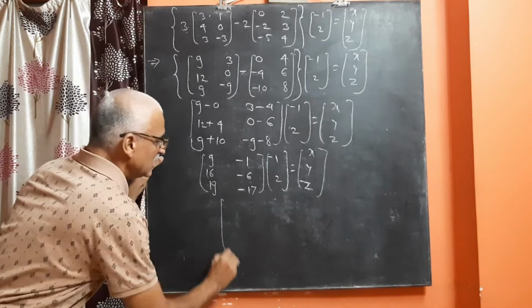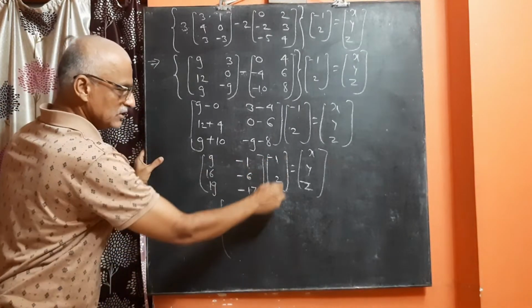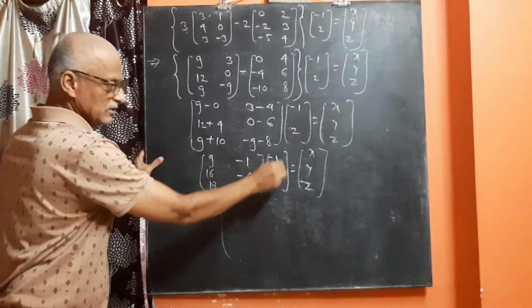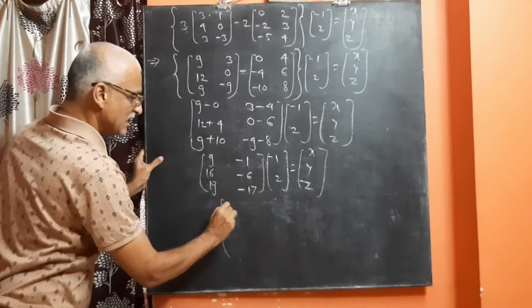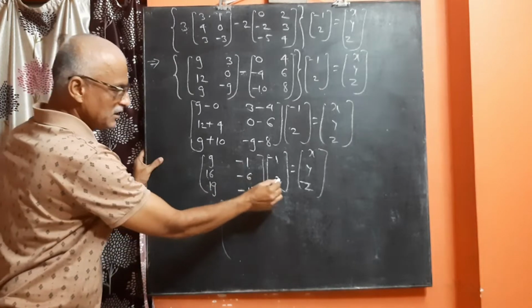So the multiplication is first row, first column. 9 into minus 1, that is minus 9, minus 1 into 2, that is minus 2.